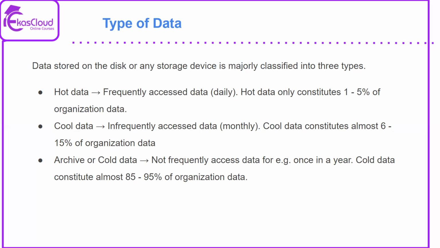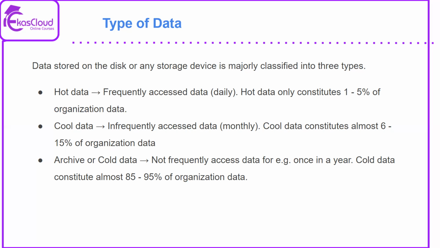As mentioned, 1 to 5% is hot data, and 5 to 10 or 15% is cool data. In most organizations, even more than 50% of them, the hot data is merely 1%, and cool data is merely 3 or 4%. And the rest, 95%, is cold data.